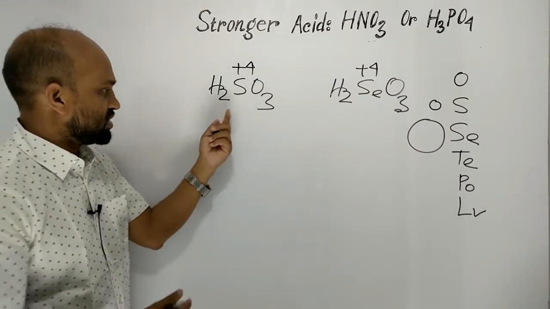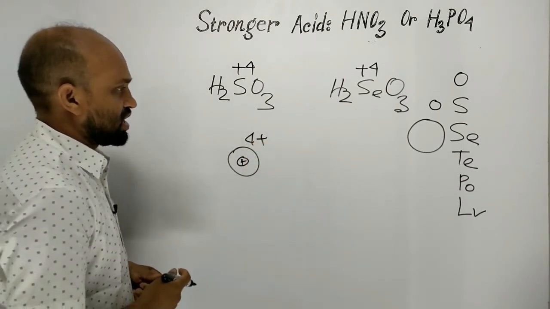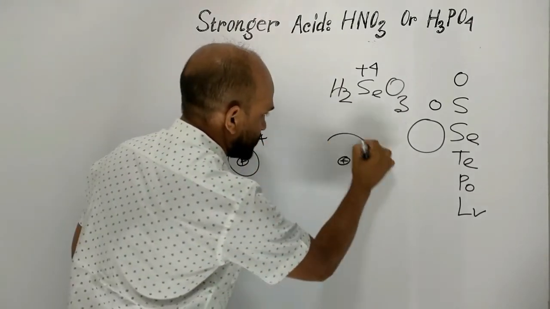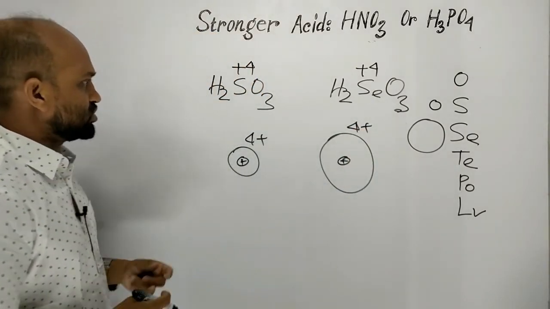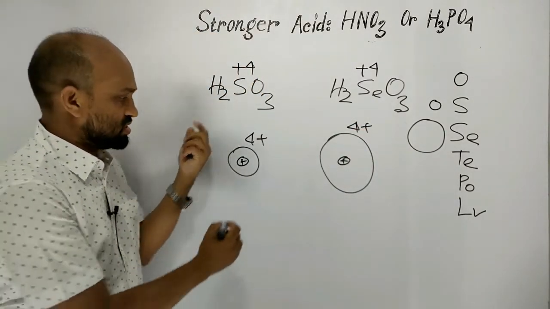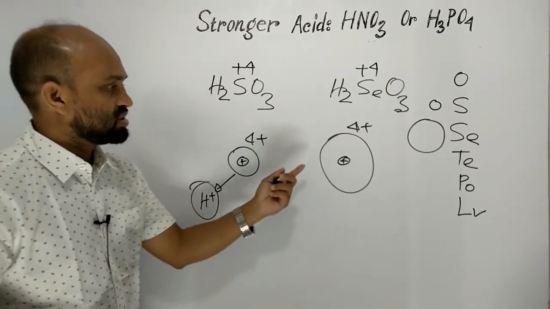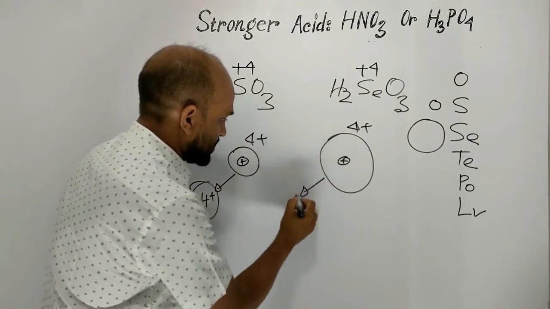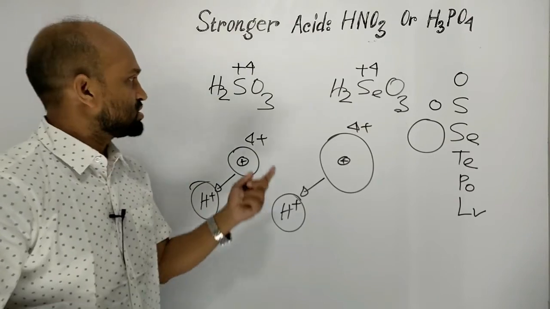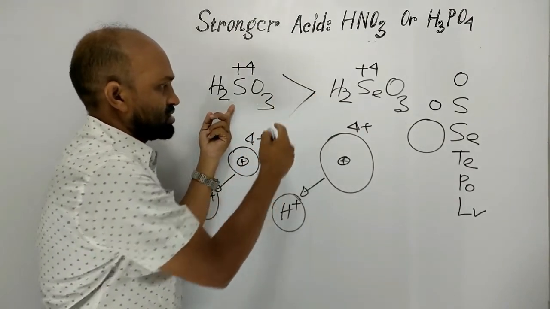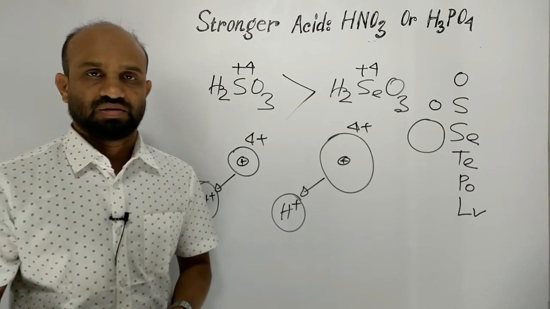In case of sulfur, its charge density is high compared to selenium. That is why sulfurous acid produces proton more easily than selenious acid. For this reason, sulfurous acid is a stronger acid than selenious acid.